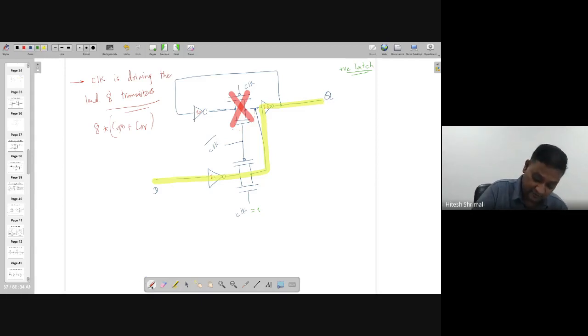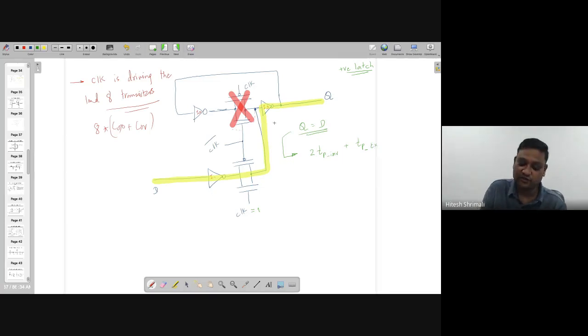Note that when it's going from D to Q, on the critical path, I1, I3, and the transmission gate are coming into the picture. So Q becomes D after a time equal to 2 propagation delays of inverters, because each one of them, I1 and I3, has propagation delay of TP inverter plus propagation delay of transmission gate, right?